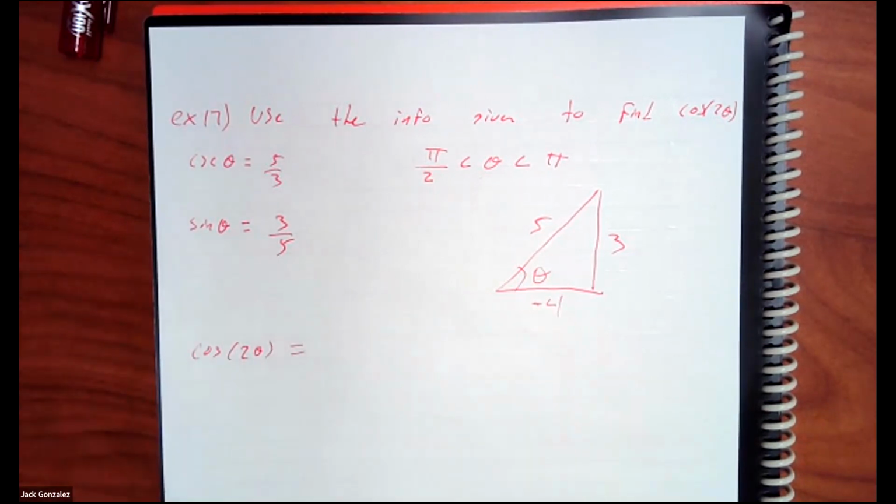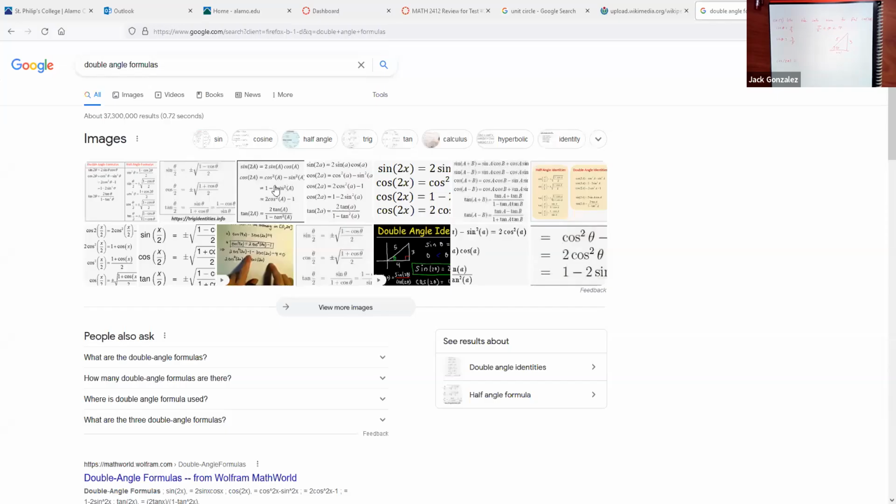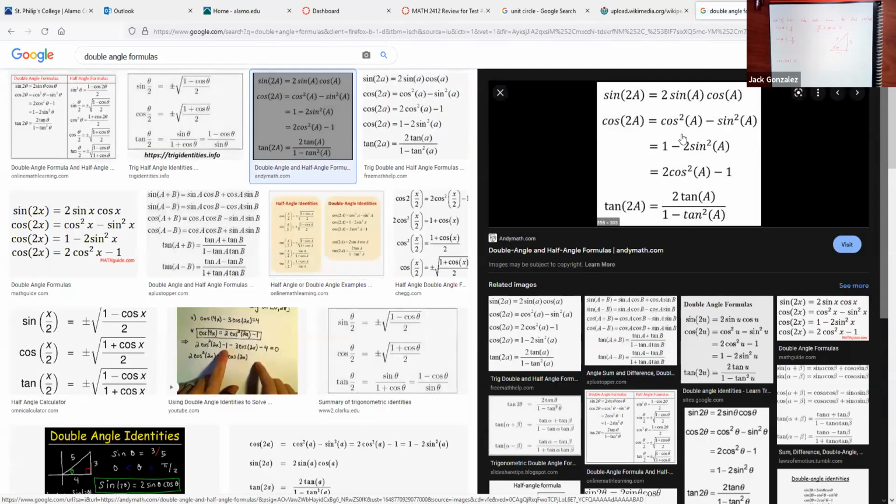We need our double angle formulas. I don't have it memorized anymore. Let's use cosine squared minus sine squared, I guess. So double angle is equal to cosine squared theta minus sine squared theta.